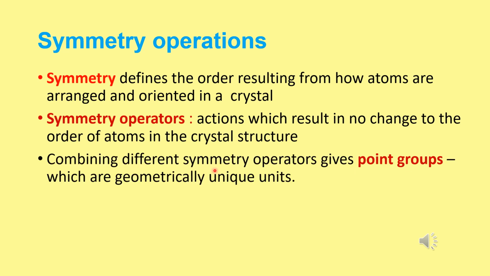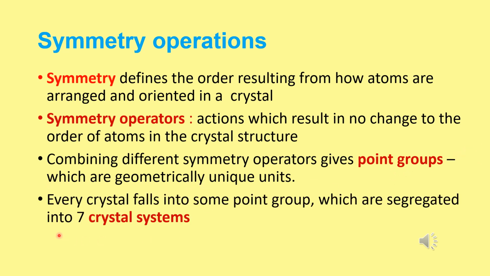Combining these symmetry operators gives us point groups, which are the geometrically unique units, and a crystal structure falls in some point group, defined in the 7 crystal systems according to their symmetries. We will discuss symmetries in detail in the next video.